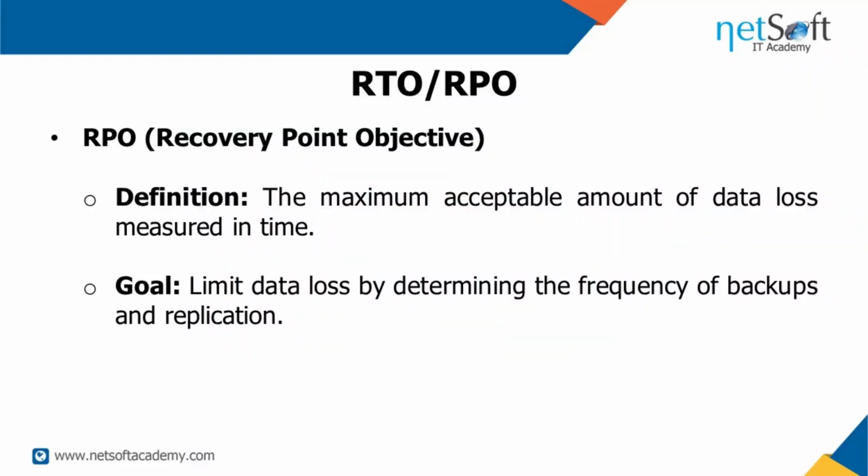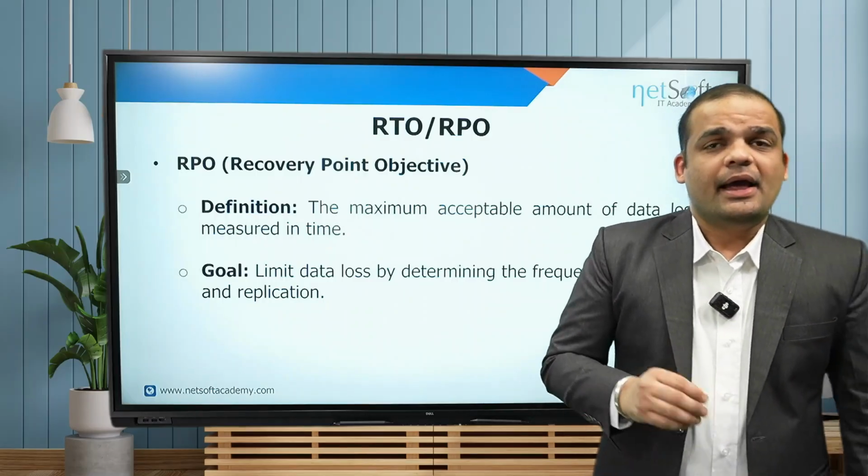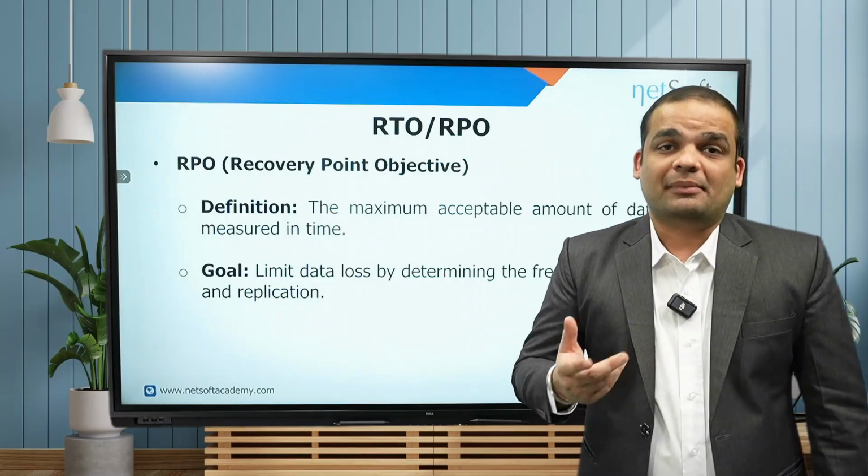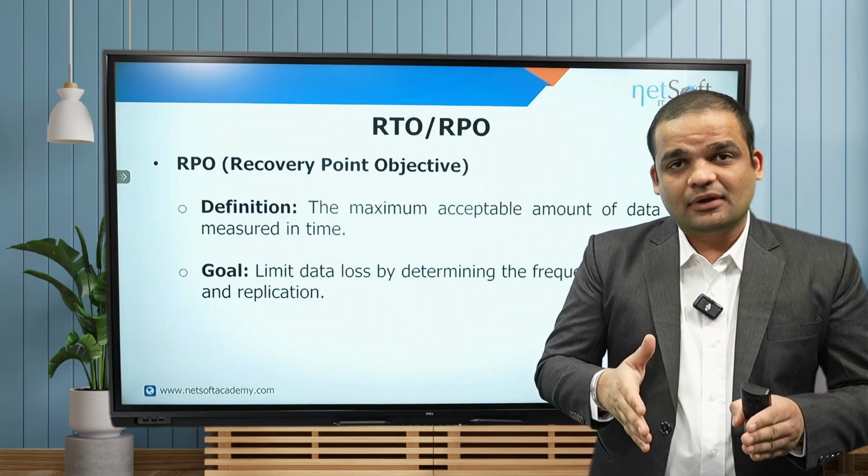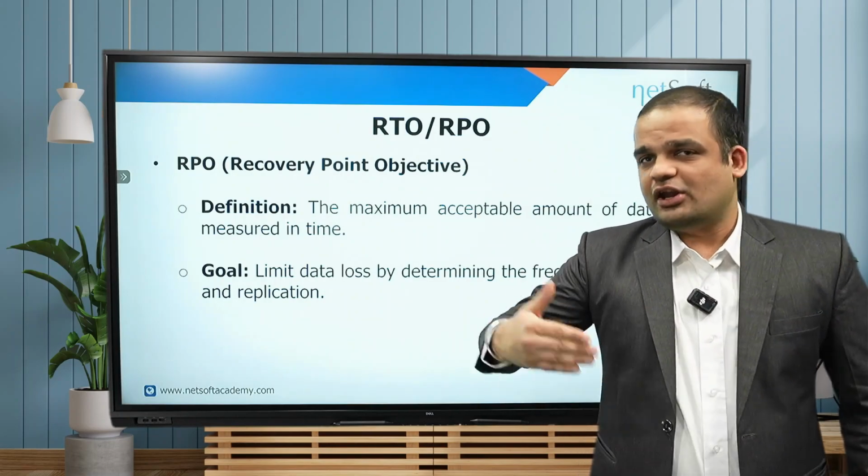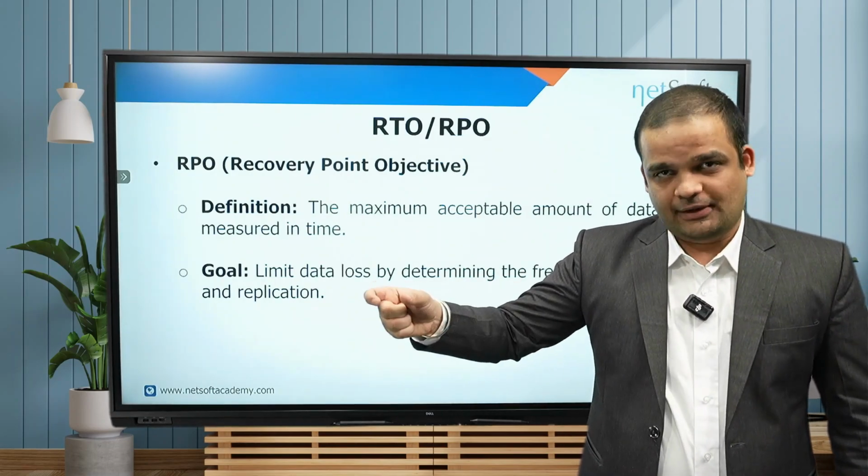The next is RPO. That stands for Recovery Point Objective. This refers to the maximum, again, acceptable amount of data loss measured in time. For example, an RPO of 1 hour means that the backups are performed every hour. So that is the frequency.